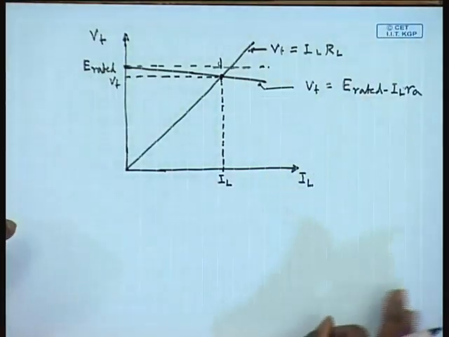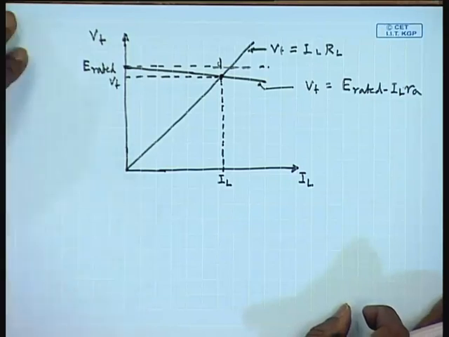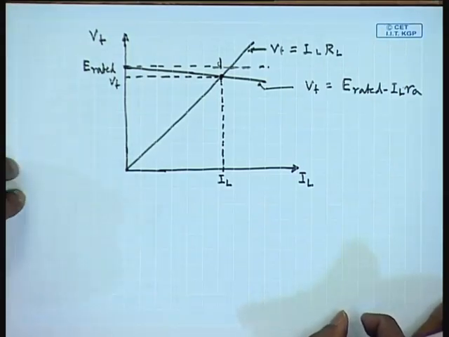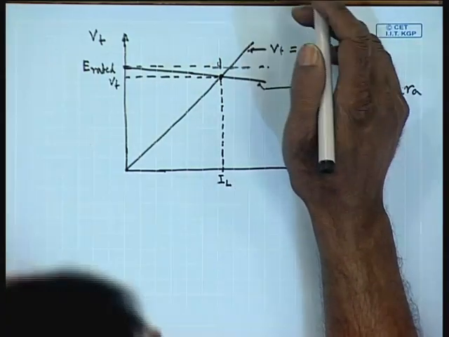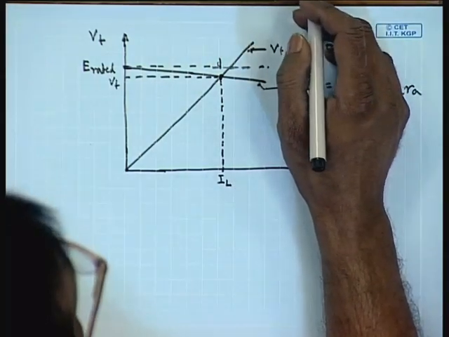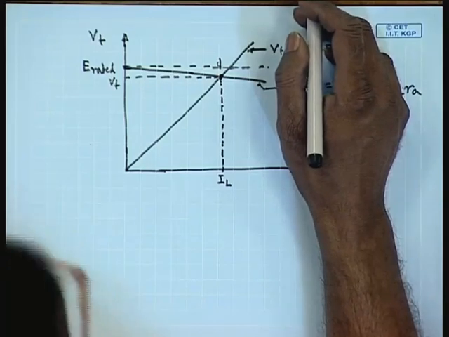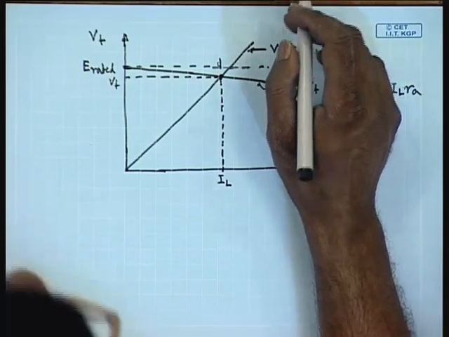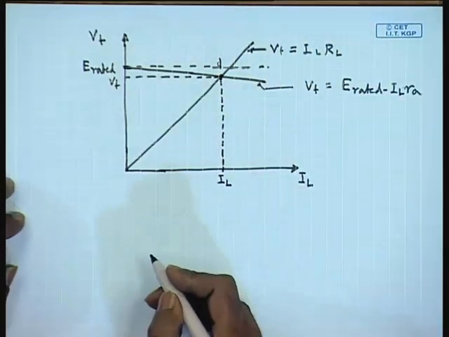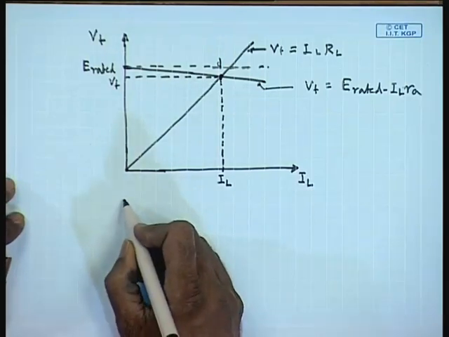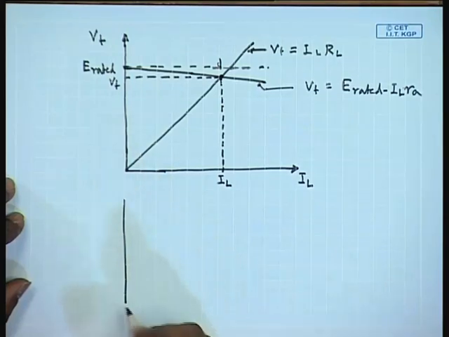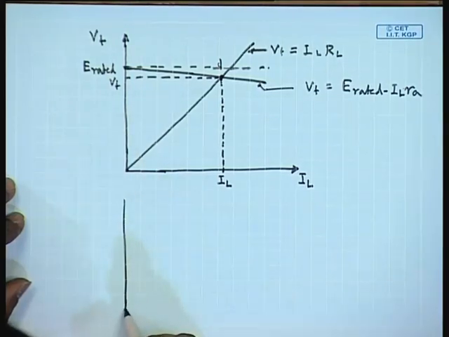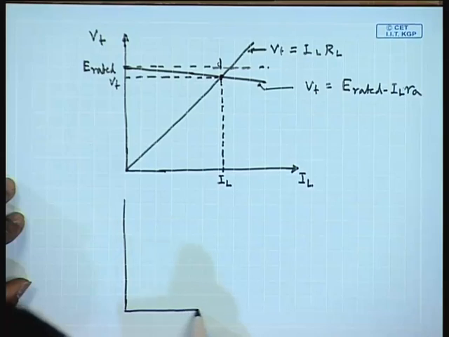Therefore, there is a net reduction in flux per pole, and hence due to armature reaction in a practical machine the value of induced voltage does not remain constant with increase in armature current. In fact, the armature voltage, the induced voltage, tends to drop.